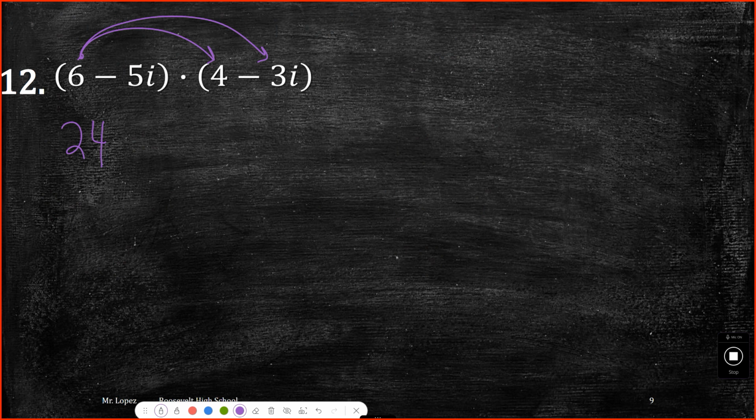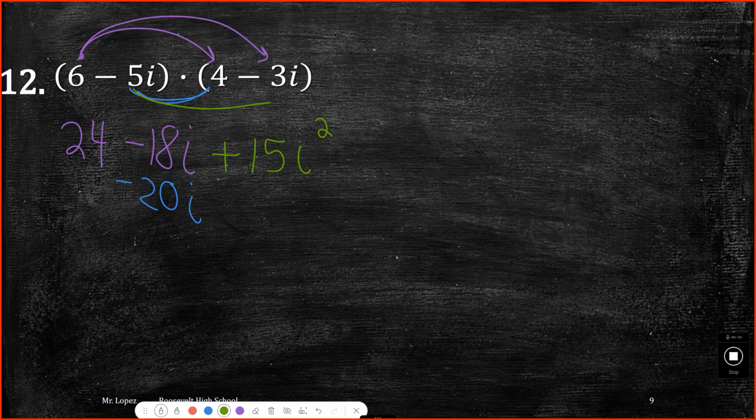Treat i like an x variable or something. And then what's next? Negative 5i times 4 is negative 20i. And then a negative times a negative equals a positive 15. And then we got i times i is i squared.